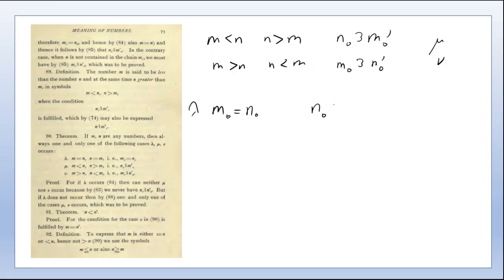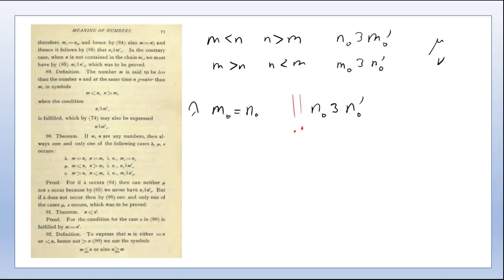So if we start with lambda, for mu to occur, we're just trying something out here. If mu also holds, then we've got n0 is a part of effectively n0 primed, because remember, n naught and m naught are equal.